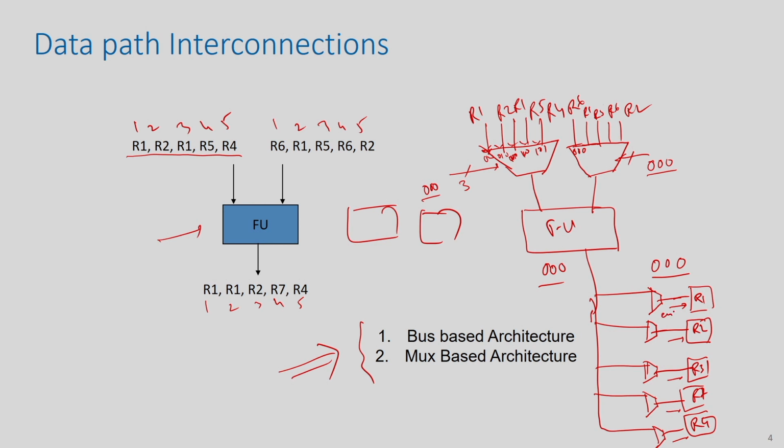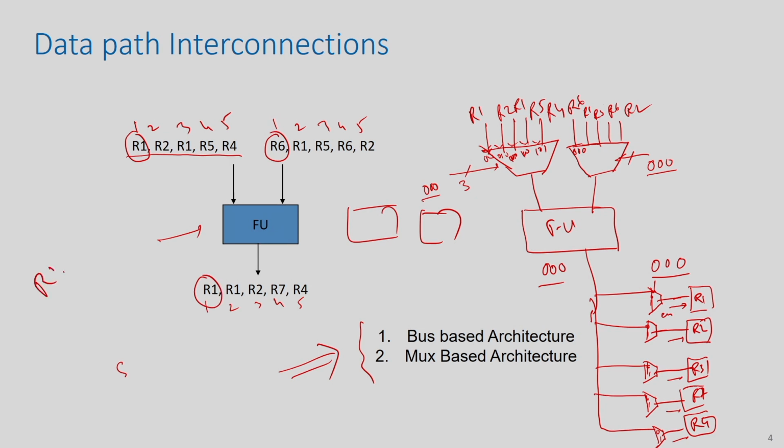Okay. So now suppose this is a single bit, and this is 0 1 0 1 0 1 0 1, this is 0 1. Just for simplicity I assume that. Now in the first control step, CS1, timestamp 1, I want to put R1 here, R6 here and R1 here.